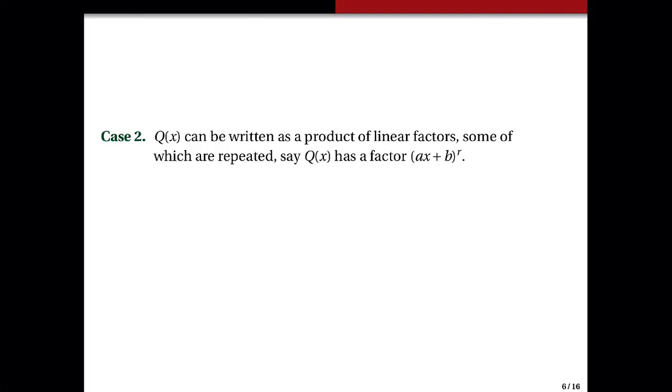So what will happen to this? For this particular factor, you will do this. You will write the factors starting from ax plus b until ax plus b to the r. So you increase the power.